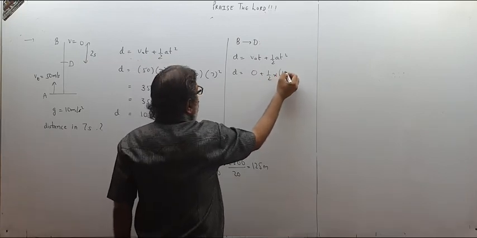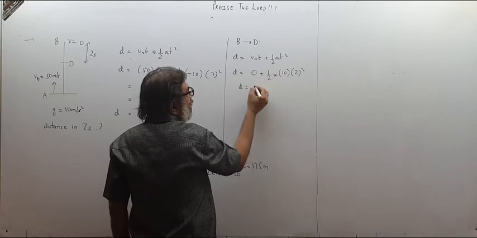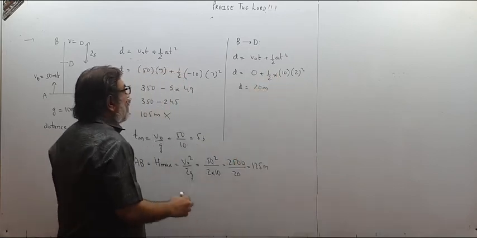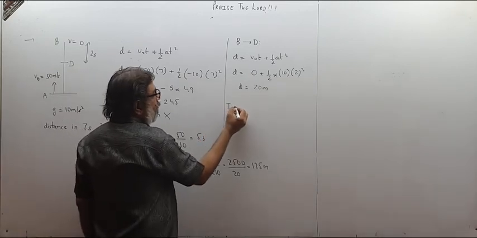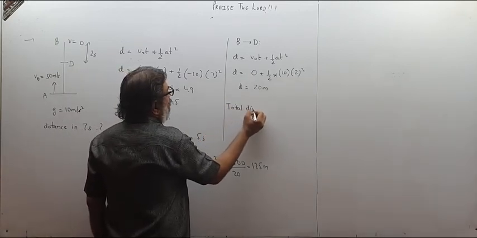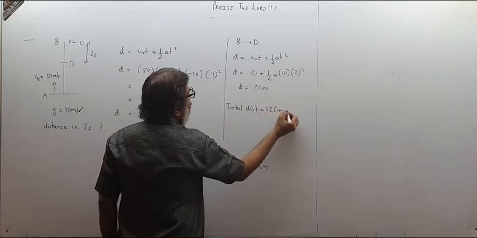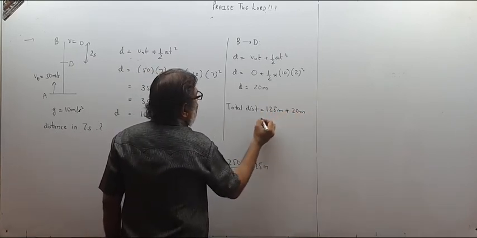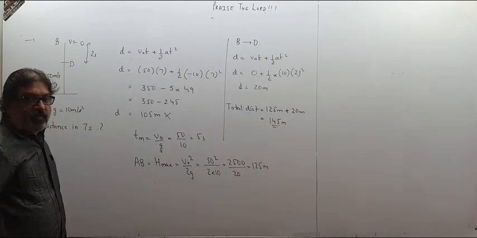So this will be 10 and 2 square. So distance will be 20 meter. So it will come down by 20 meter. So total distance, this was 125 meter plus 20 meter and that becomes 145 meter. So distance is 145 meter.